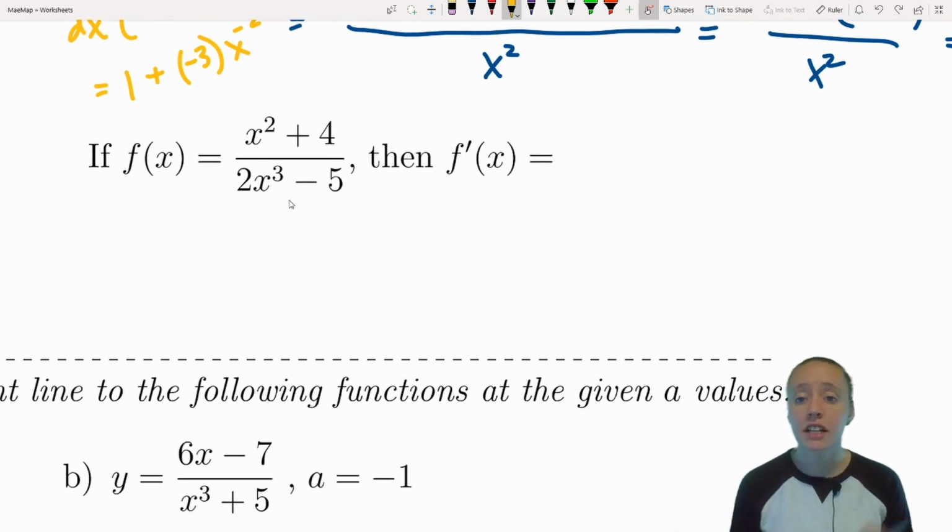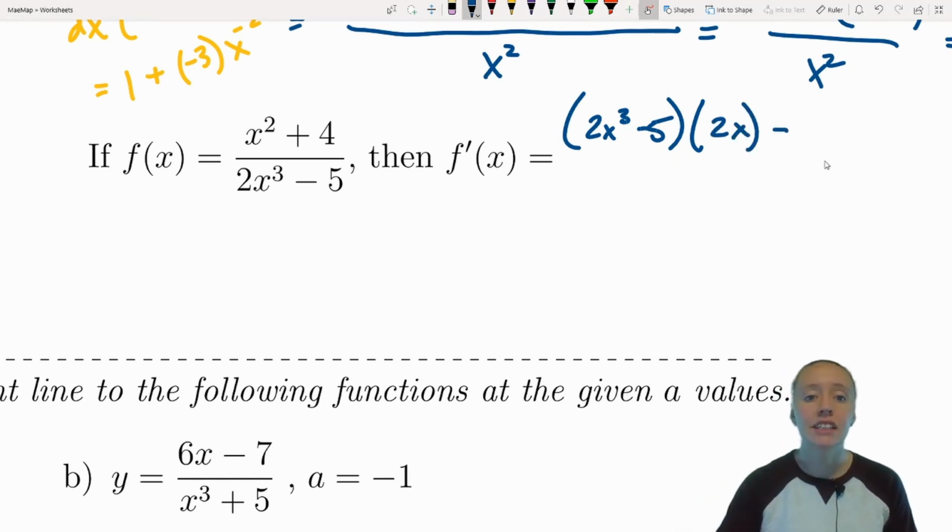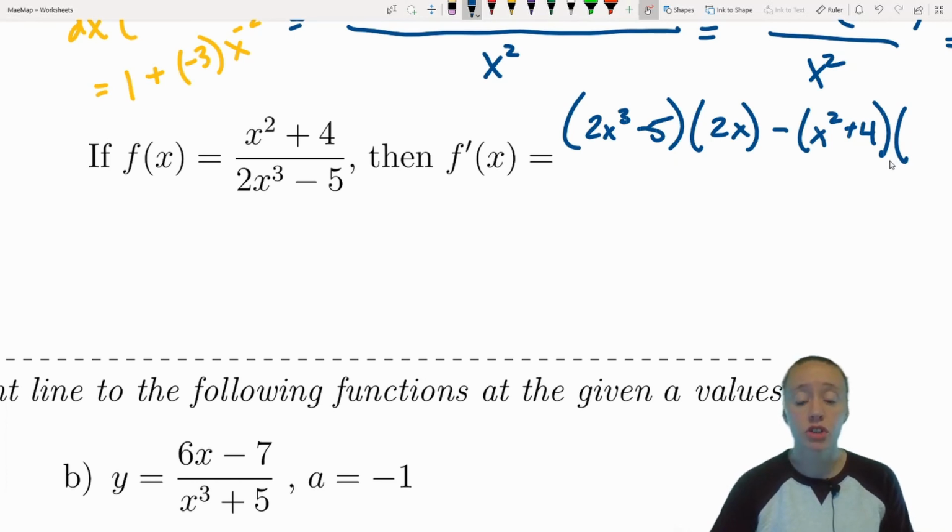In this case, there's nothing that I can pull out or simplify down, so I'm going to do the quotient rule: low d high minus high d low, all over low squared. So low is going to be 2x cubed minus 5, and then d high, that's the derivative of my high. So the derivative of x squared is 2x. And then I'm going to subtract high d low. So my upper function, the function in my numerator, times the derivative of my denominator, the derivative of 2x cubed, is going to be 6x squared.